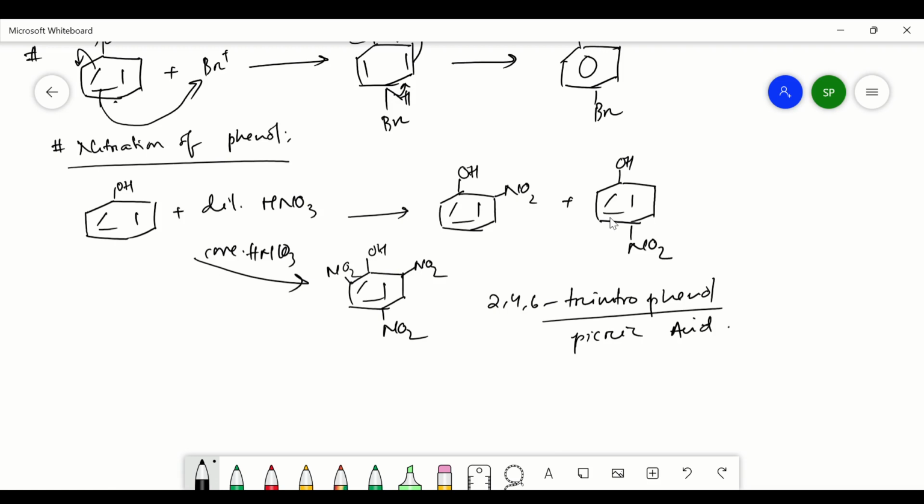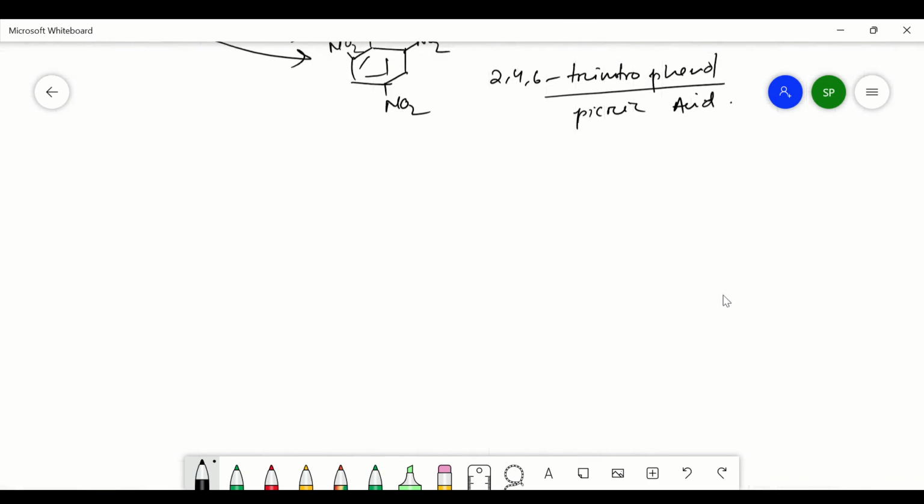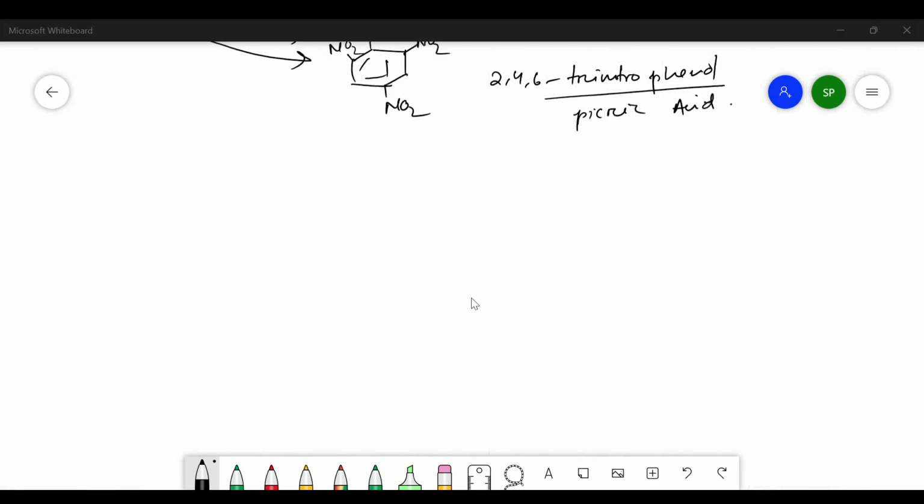The reason is the same as before: as concentrated HNO3 is highly reactive, it will be tri-substituted.